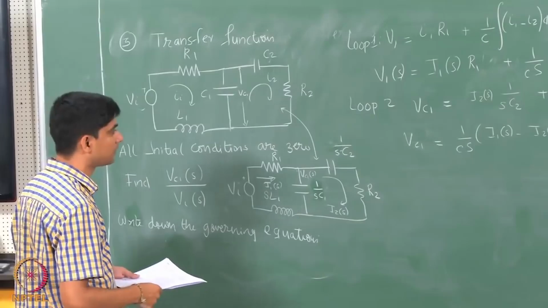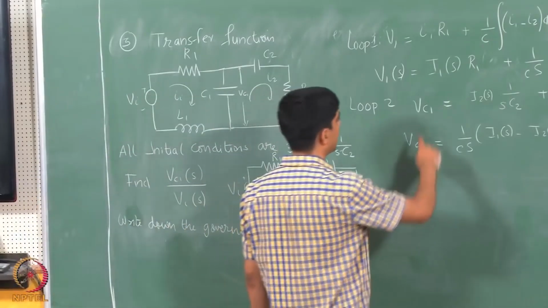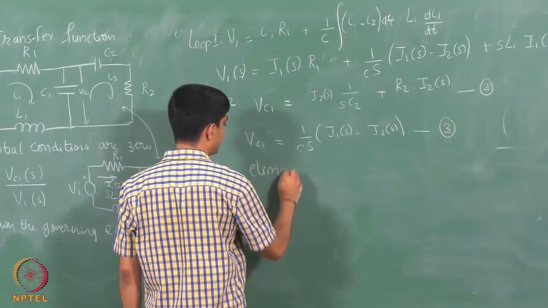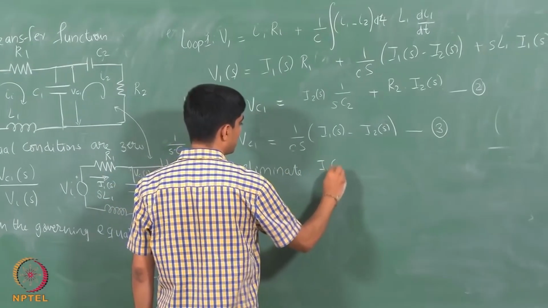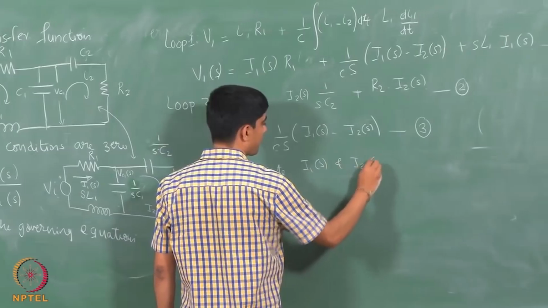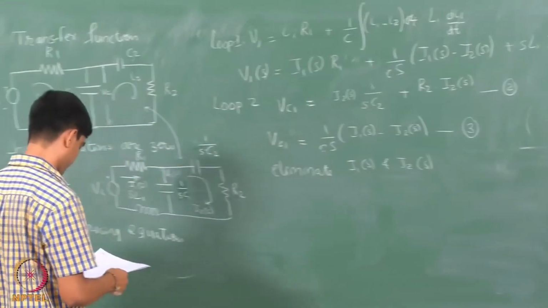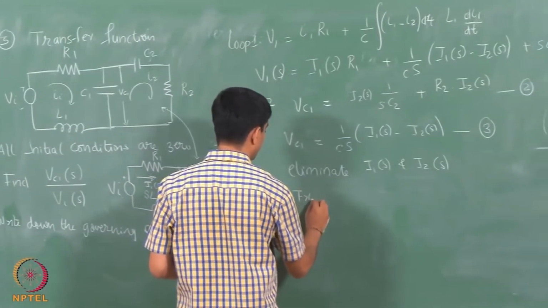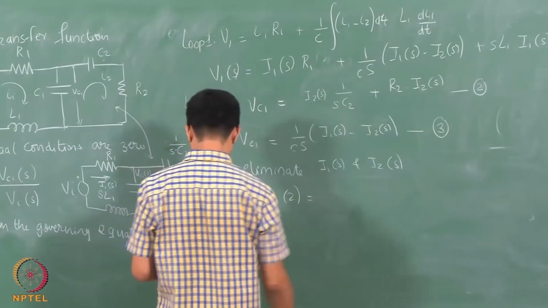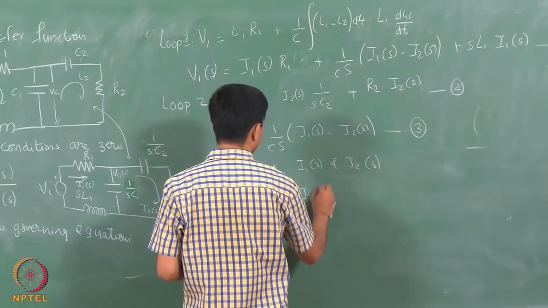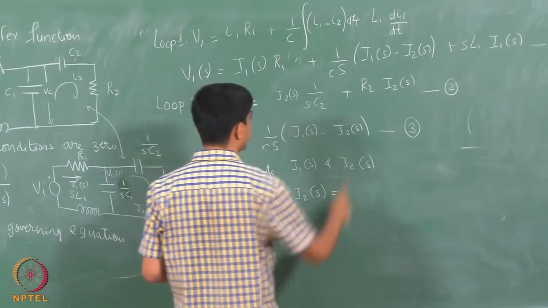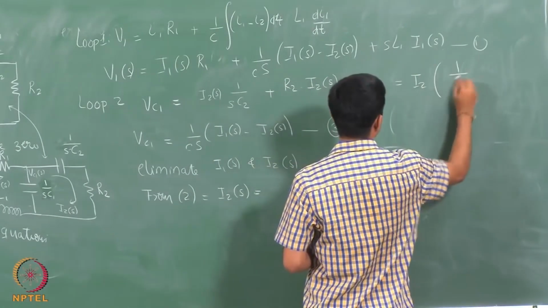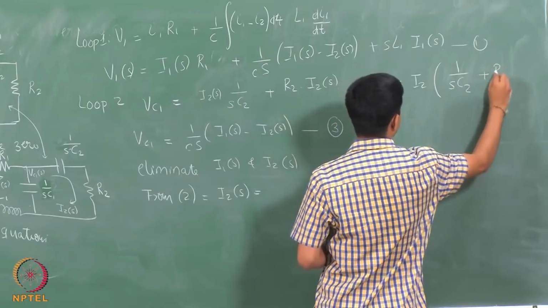Okay. So, what do I need to do, right? I have 3 equations, and I need to eliminate I1 and I2, right. Okay. So, from 2, I have that I2 of S can be written as, if I just write this equivalently as I2 times 1 over S C2 plus R2, right.